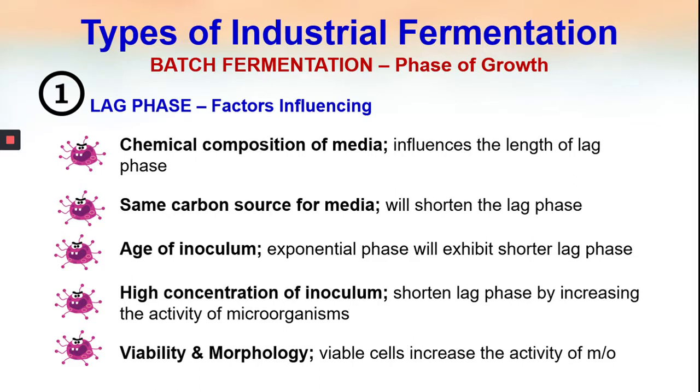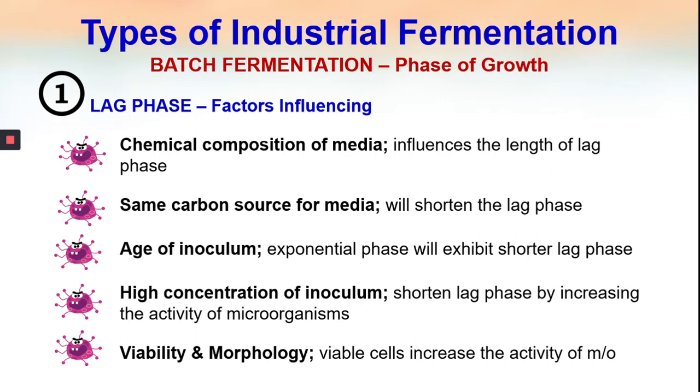There are some factors that influence the shortest or the longest period of the lag phase. The first one is the chemical composition. If you want to shorten the lag phase, you need to use the same chemical composition and the same carbon source from the previous medium that you already used.